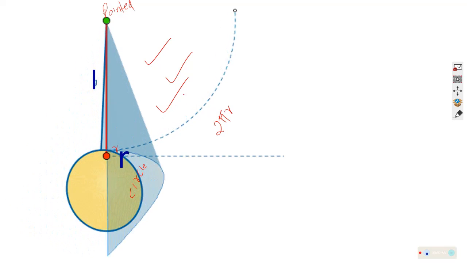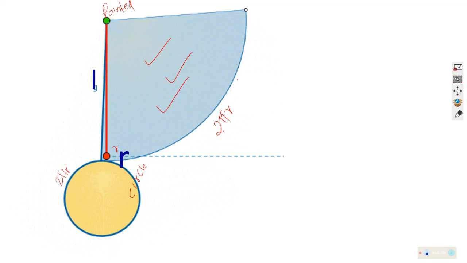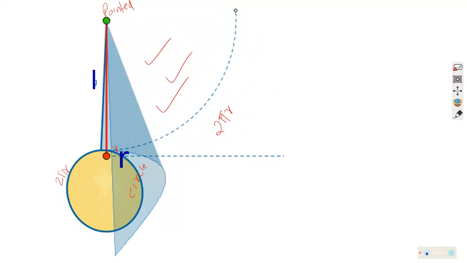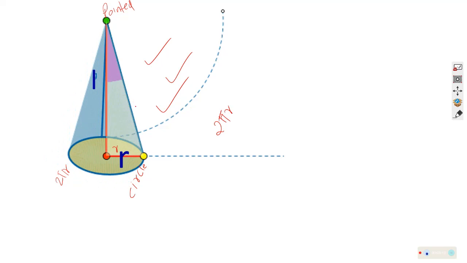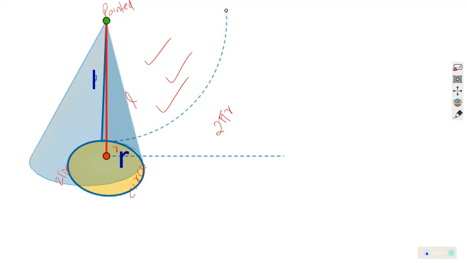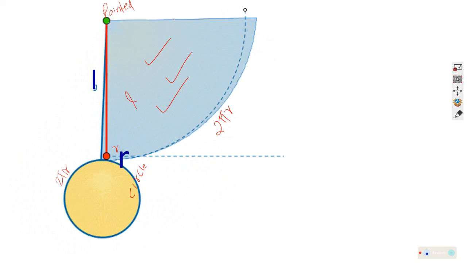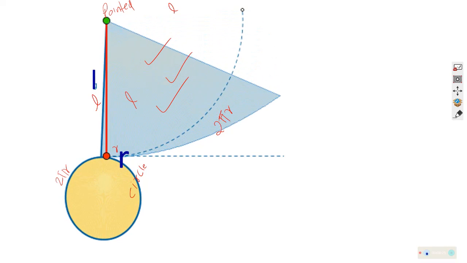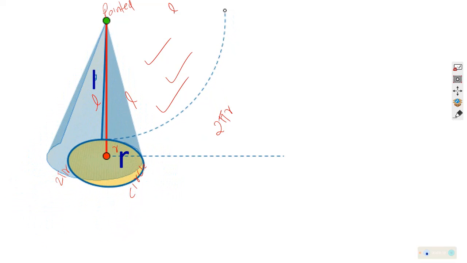So this is 2 pi r. The circumference of the circle is spread over here. That much is clear. Now when it is remaining in the form of a cone, this is equal to the slant height. So that slant height is moving and this becomes the slant height now, right? This is the slant height. So we have 2 pi r and L as the sides of this particular structure.